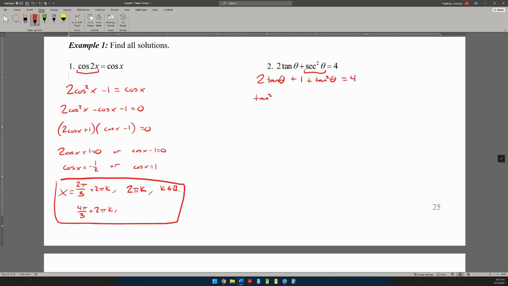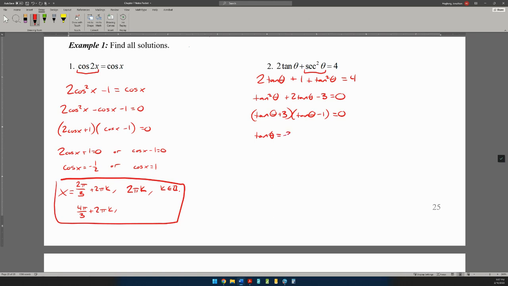Move everything over to one side. So we have tangent squared plus 2 tangent theta, and then subtracting 4 from both sides, we get minus 3 equals 0. This factors to the tangent of theta plus 3 and the tangent of theta minus 1, and that's equal to 0. And then we can use the zero product property to get equations.